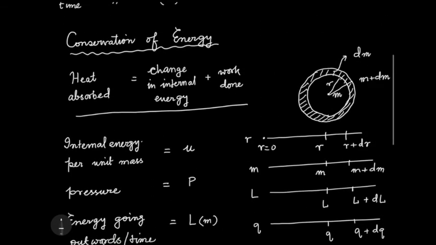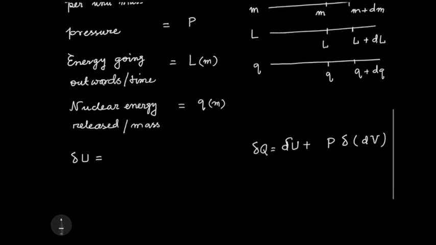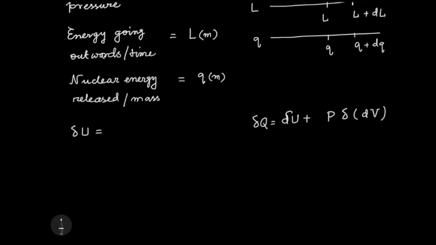And you will also agree that this dm is nothing but rho times dV, right? dV is the volume of that shell and rho is the density. So if the shell expands, the volume may increase, but the density will then decrease because dm has to remain the same. That is how we are parameterizing. We are following that mass, we are not following that shell.